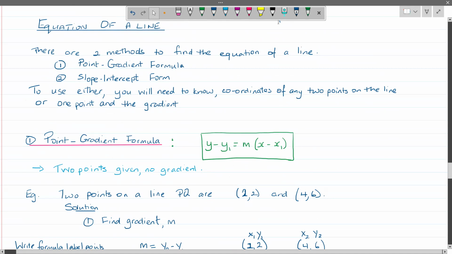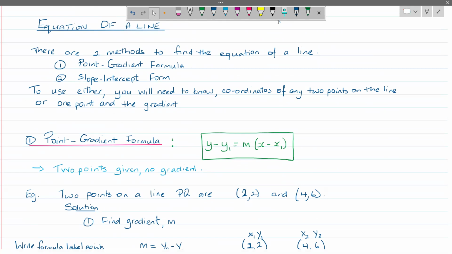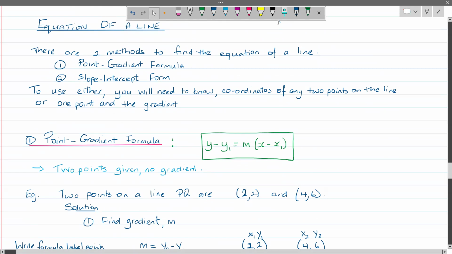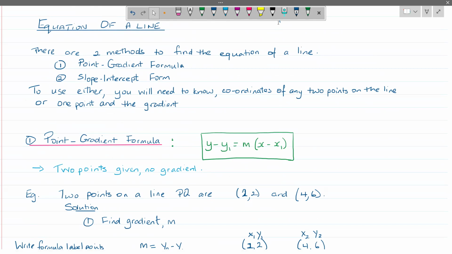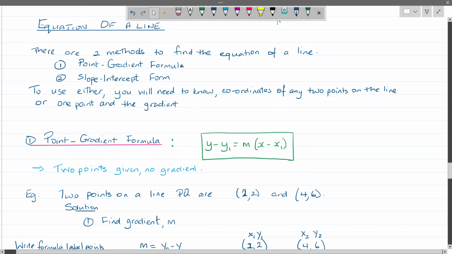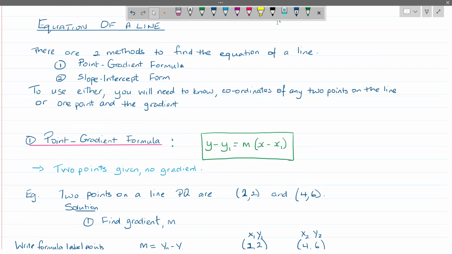Now, remember earlier on, I was telling you that when we have a line on the graph, we could come up with a general equation or general formula that describes the relationship between x and y coordinates. So this formula is going to help you to identify points on the line, right?